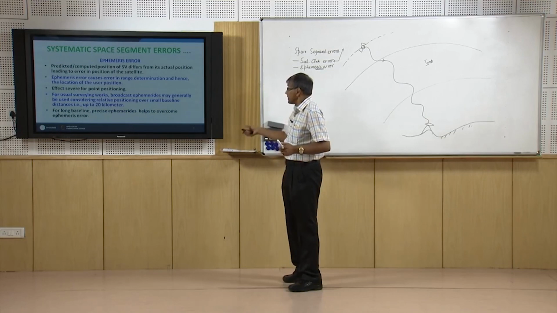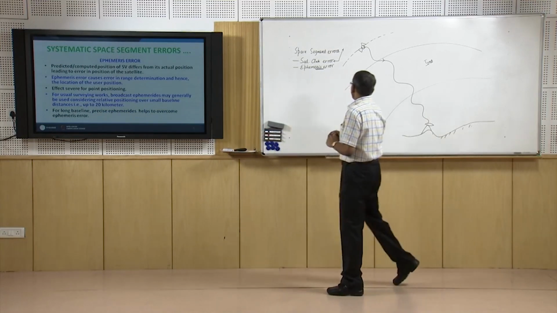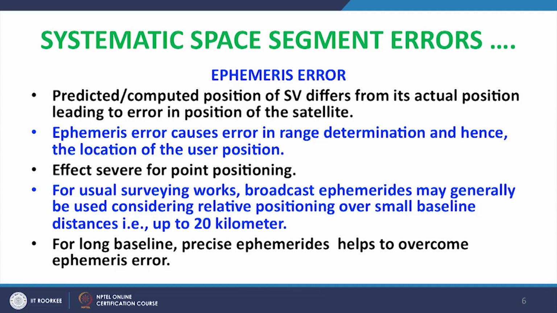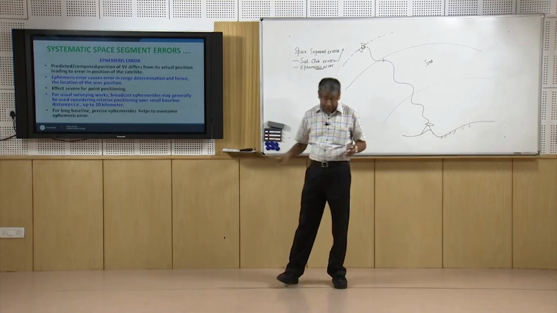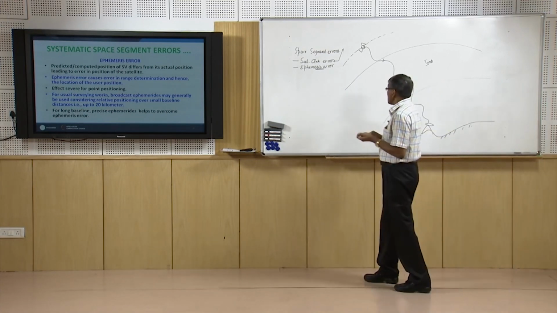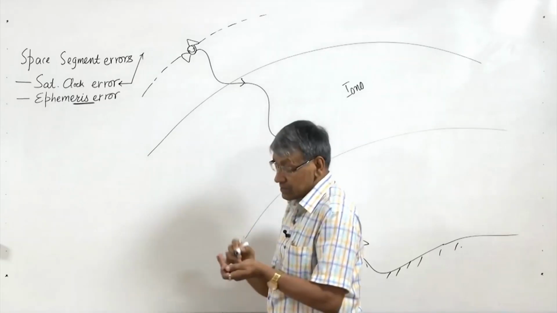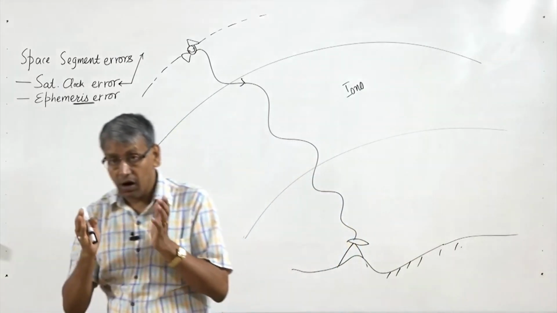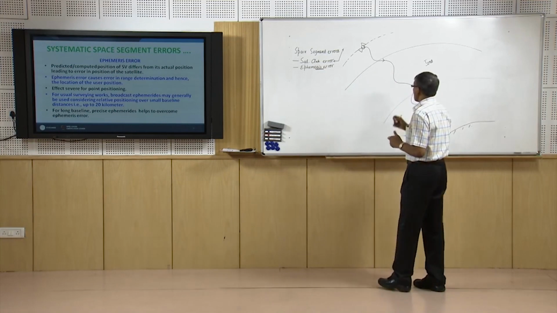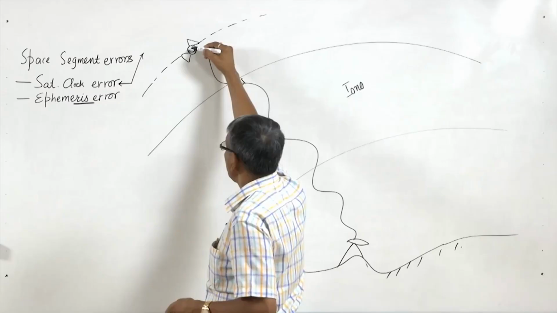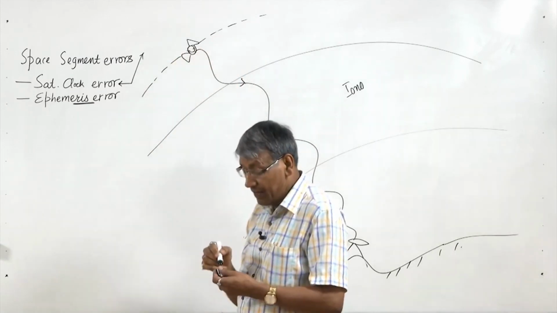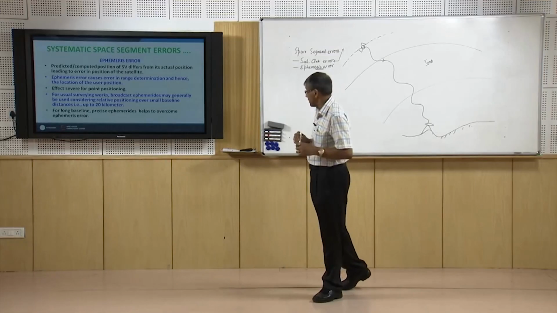But due to extra forces like solar radiation pressure, solar drift and many other things, these satellites are incapable of moving along the predefined orbit. So there will be a difference between the actual orbital parameters and the navigational orbital parameters.